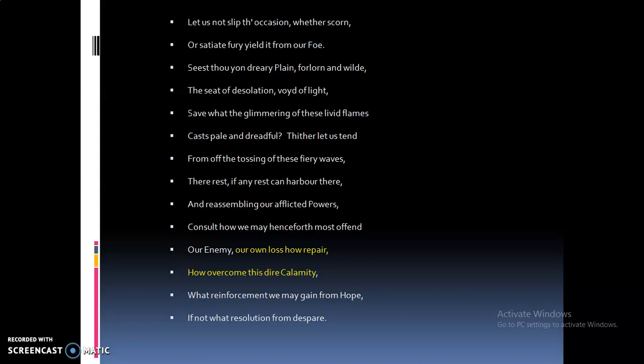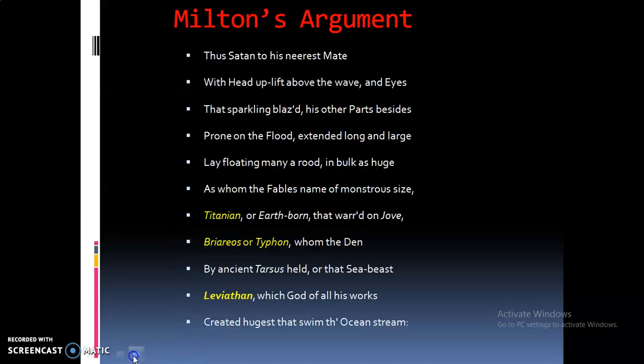So he summoned all the fallen angels to consult how they can annoy their enemy, compensate their losses, and get the best out of their lamentable disaster. So this is Satan's speech, that is Milton's argument. This is what Satan said to his fallen angels.